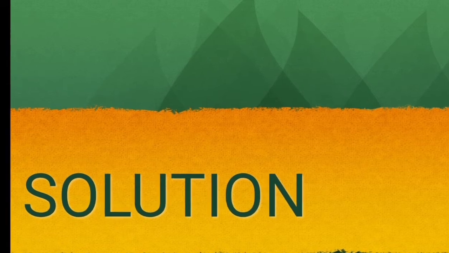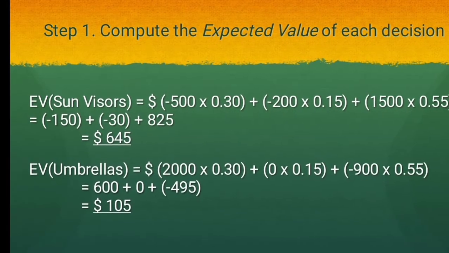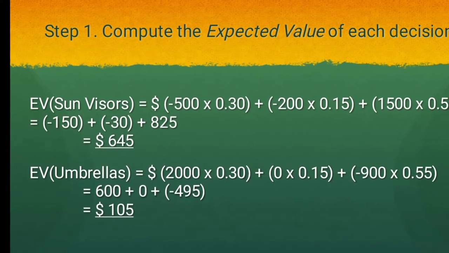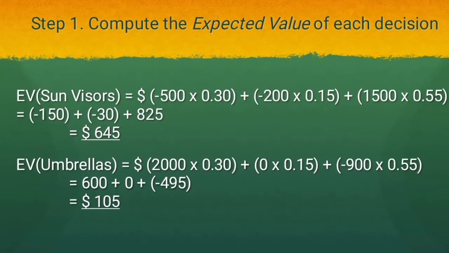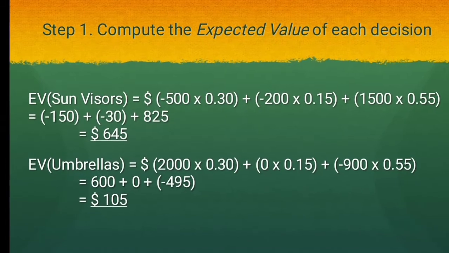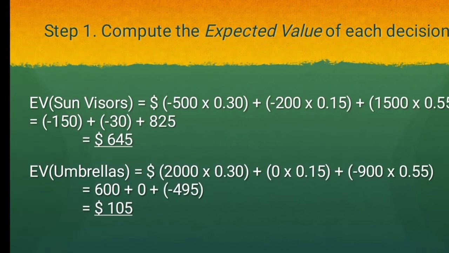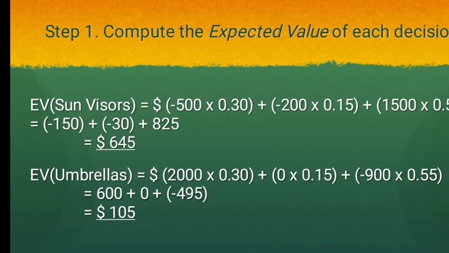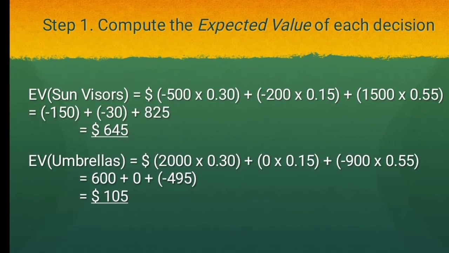Solution. Step 1. Compute the expected value of each decision. Again, expected value is computed by multiplying each decision outcome under each state of nature by the probability of its occurrence. So let's solve for the expected value of the sun visors. When it is raining, the outcome is negative $500 with a probability of 30%.